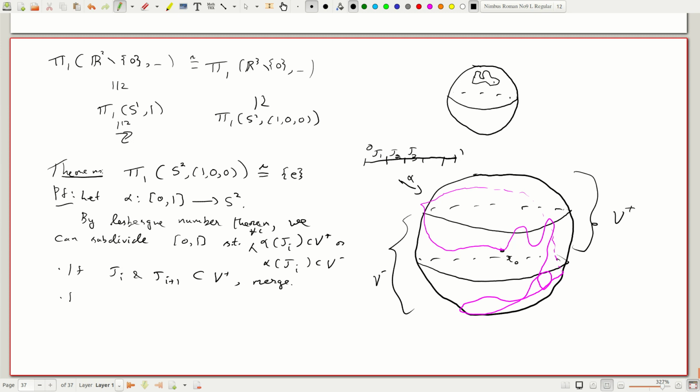And hence, if there is more than one interval, each intermediate point is between an interval in V plus and one in V minus, so it's in V plus intersection V minus.